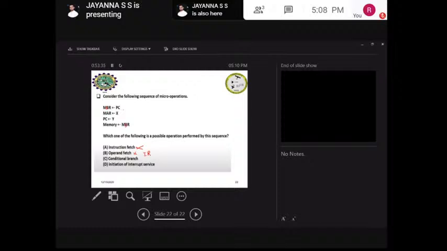The next is the conditional branch. Whenever a conditional branch is executed, as we know, the PC should be loaded with a new address. But here the PC value is loaded to some MDR register. Therefore, option 3 also is not correct. Then the last option, obviously, is the initialization of the interrupt service. So that is the answer for this question. That is initialization of the interrupt service.